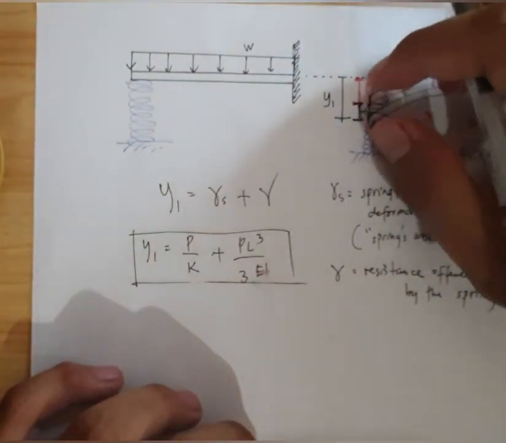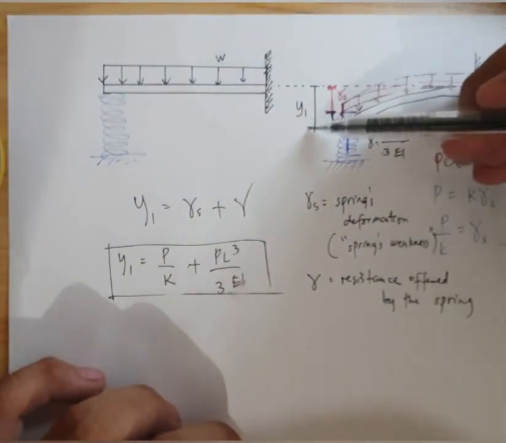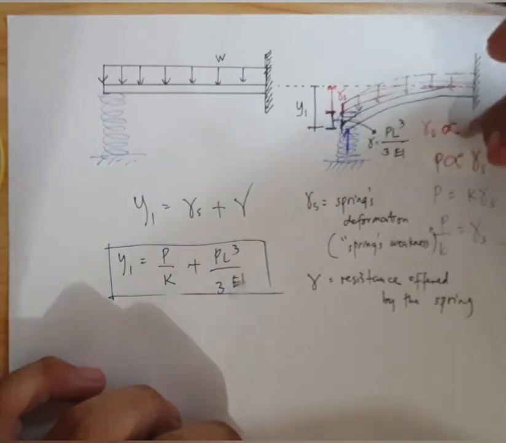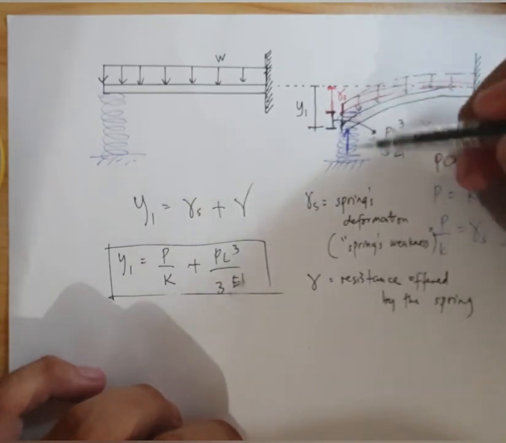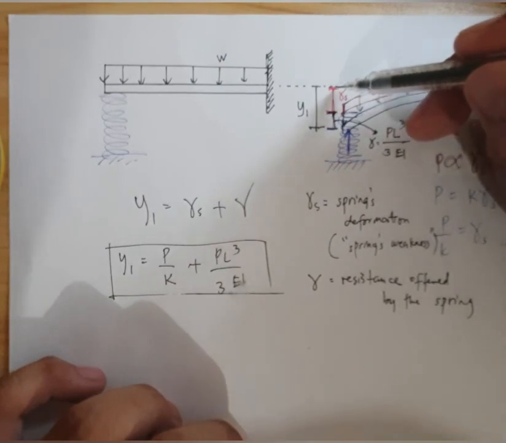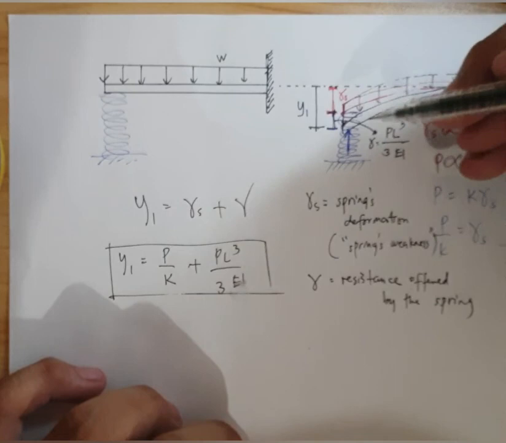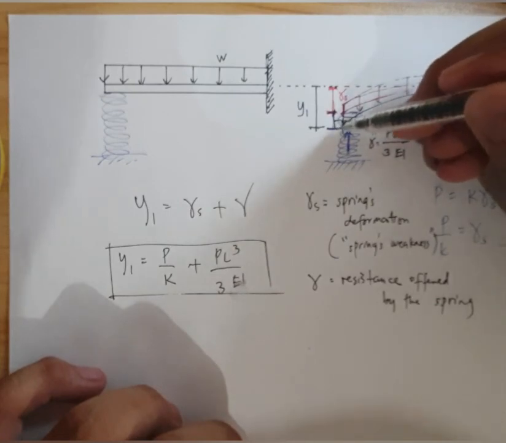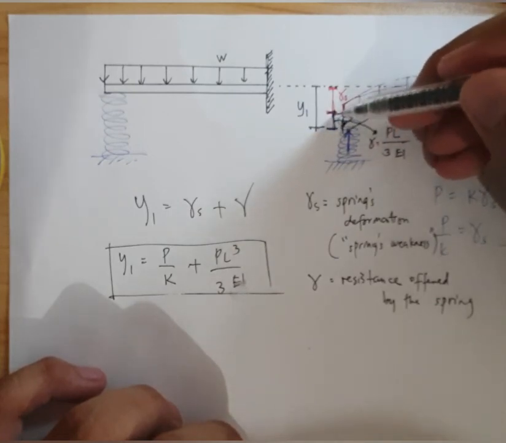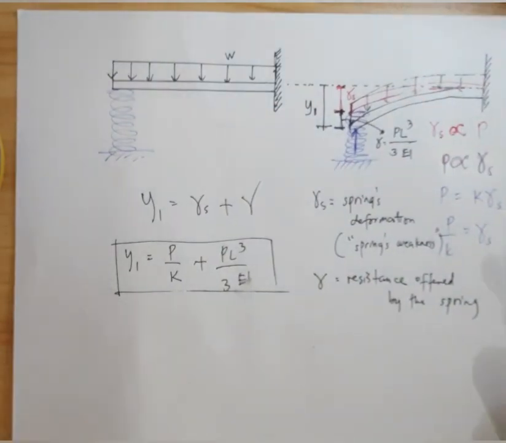The total deflection of a cantilever beam without any support is equal to the deflection of the spring plus the resistance offered by the spring. Okay, resistance offered plus deflection of the spring equals total deflection without support.